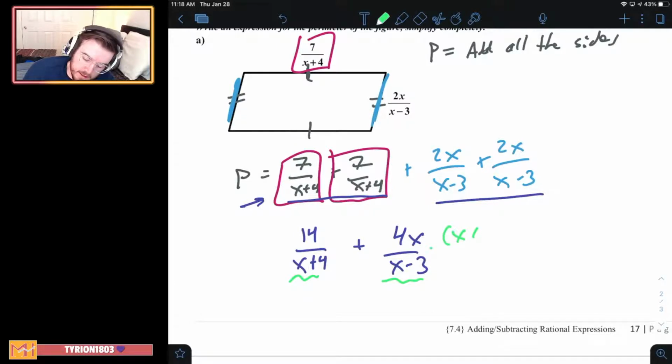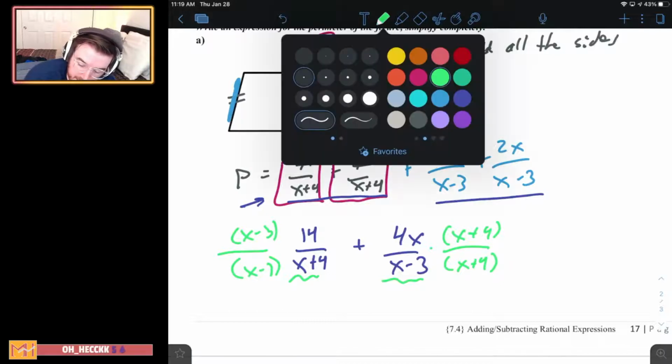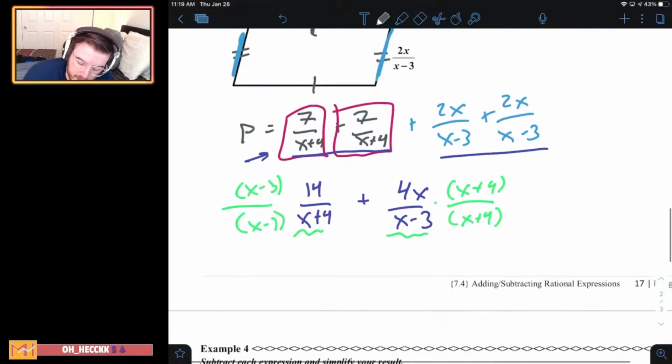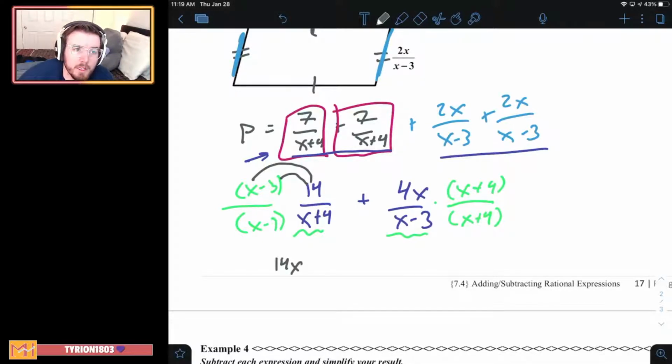So this needs the x plus 4, and this needs the x minus 3. And when we multiply that together, they'll be the same. So this becomes 14x minus 14 times 3. I feel like I'm going to screw that up. I don't want to screw it up, so I'm punching it in. 42.